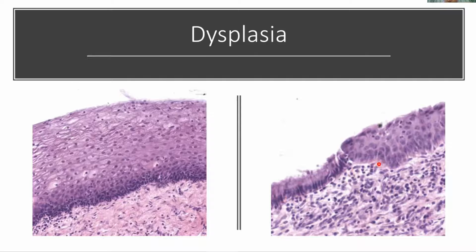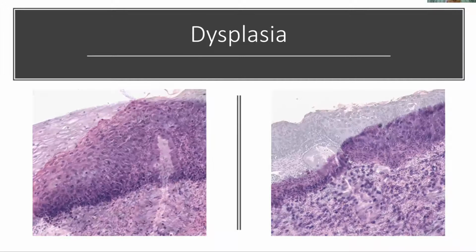But here, the arrangement is haphazard, and there is no maturation toward the superficial layer. We can see the alignment of the cells in the basal area towards the superficial, meaning the whole full thickness comprises dysplastic cells.